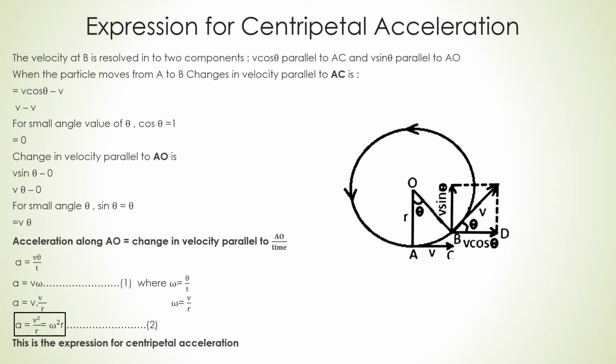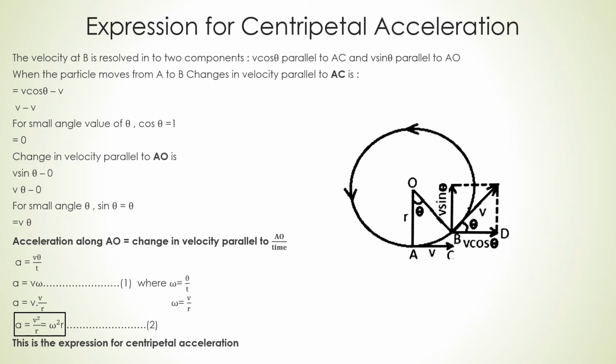Let's derive the expression for centripetal acceleration. For this, let us consider a particle moving in a circular path. As you can see in the diagram, a particle is moving in a circular path of radius r, AO. It is traveling with a constant speed v, and the uniform angular velocity will be omega.